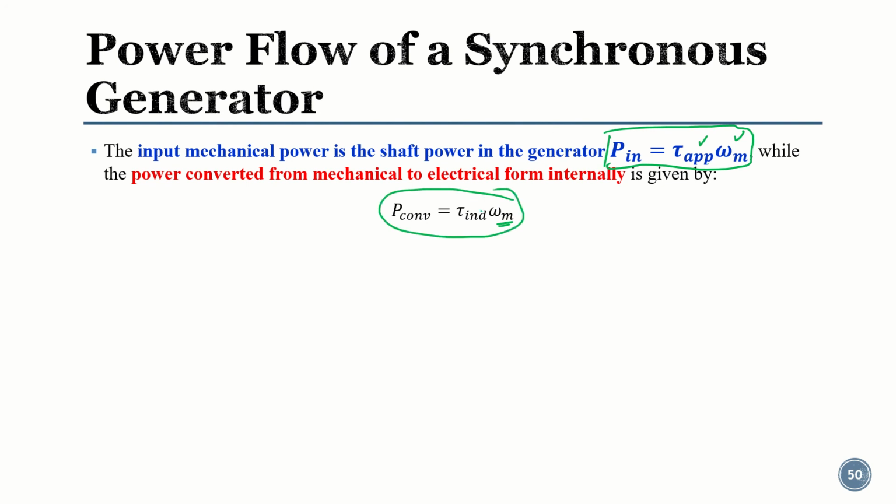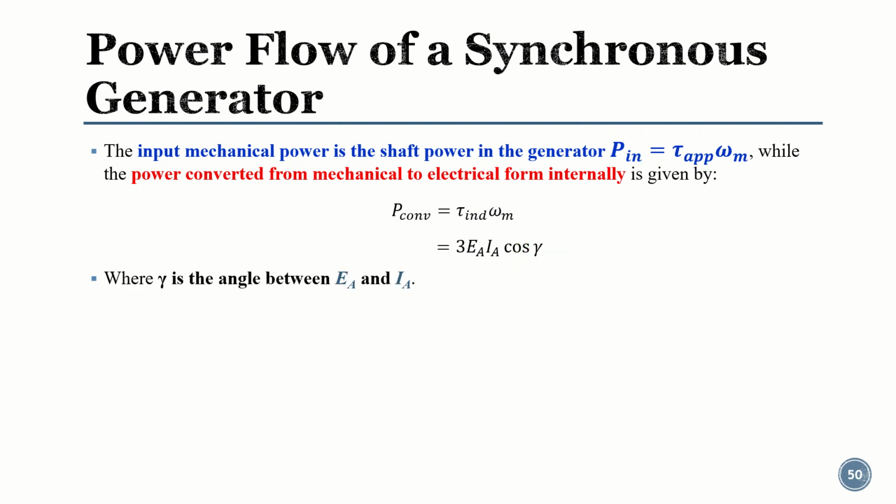Now the converted power for the three-phase system will be 3 times EA times IA times cosine gamma, where gamma is the angle between EA and IA. So that is our formula for the converted power.